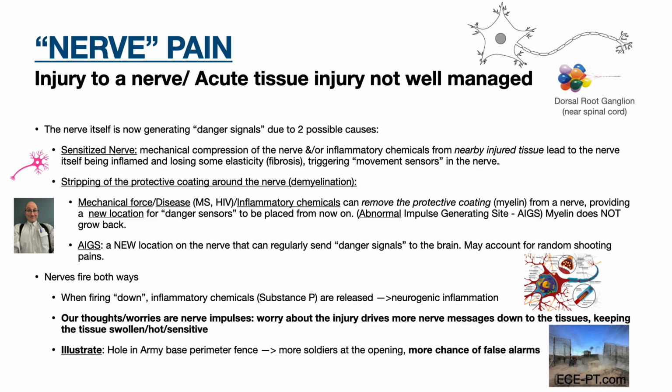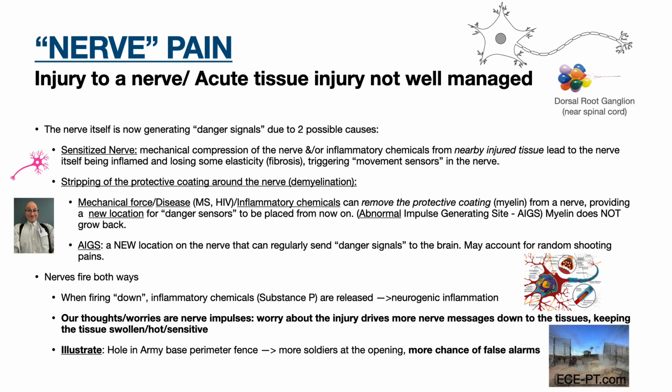So continuing the army base illustration, imagine the perimeter fence around an army base is compromised. It's broken, and now there's a big hole there. Well, until it gets fixed, no doubt more soldiers are going to be placed at that hole, at that opening. And so just like the myelin being removed, now there's new real estate, more sensors are put there.